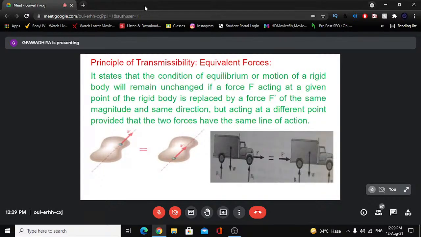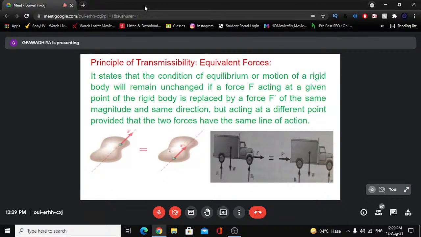So here, suppose the point of application is in a 2D plane. This body is a 2D structure, and along the line of action it may be 3D also. If the line of action of the force is maintained, we can shift the point of application along the line of action, and if we do so, the effect produced by this force on the body will not change.